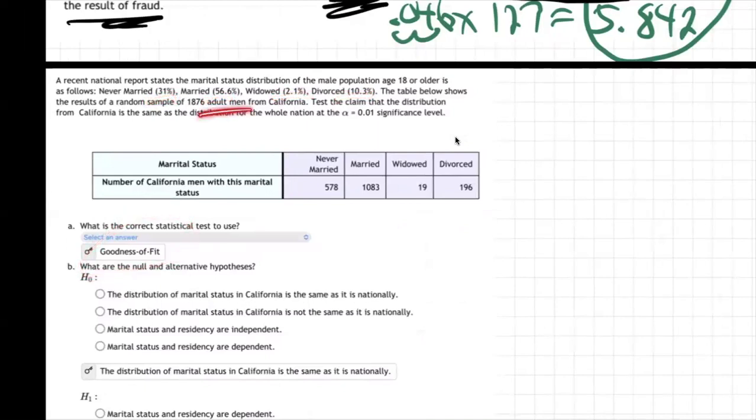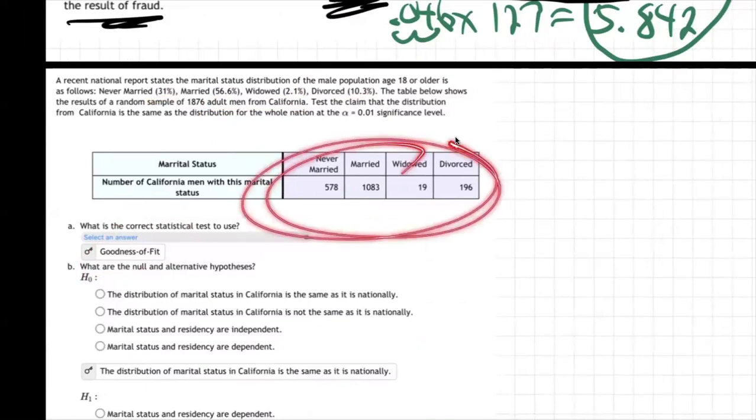How well does this fit with this? We only took one sample. That's the way you can tell it's a goodness of fit, and it's not a homogeneity test, which is the other kind of test we have that's pretty similar. Homogeneity is seeing if two samples are really the same. This right here is our sample.